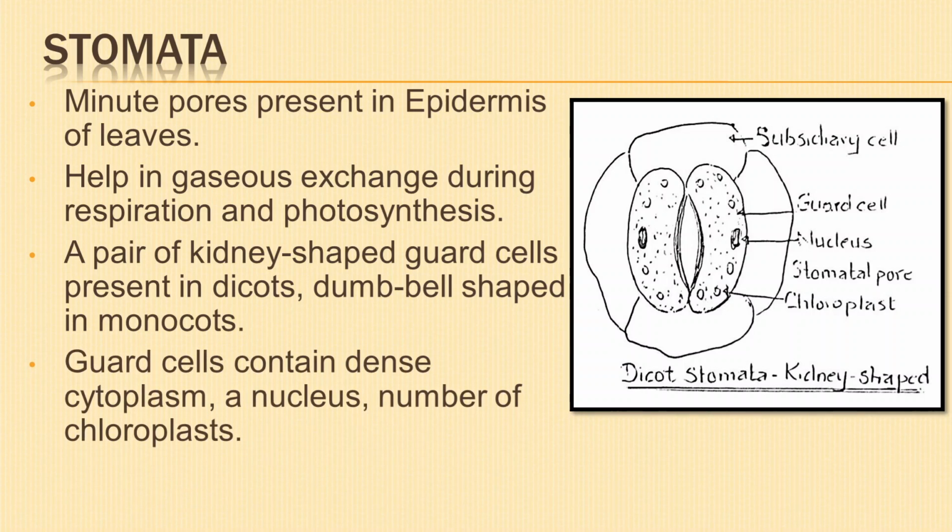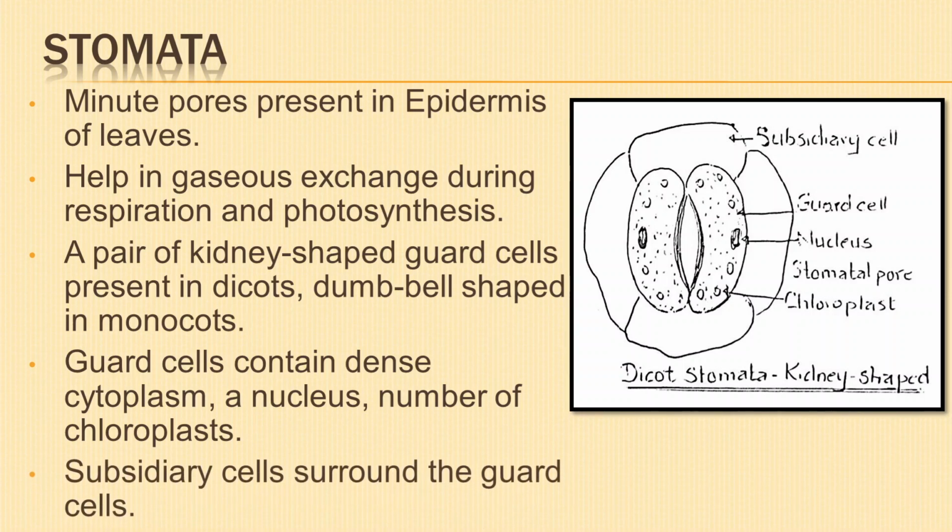Each guard cell has a dense cytoplasm with a nucleus and a number of chloroplasts for photosynthesis. Subsidiary or accessory cells surround the guard cells as shown in the diagram.